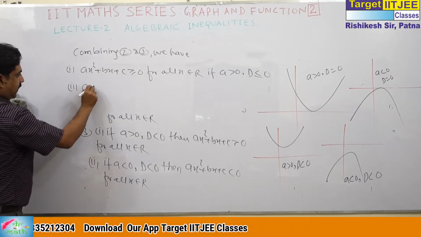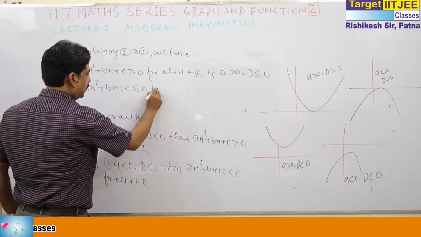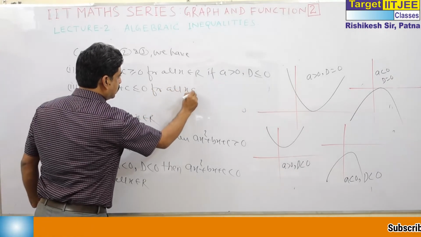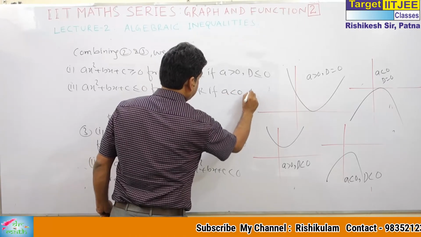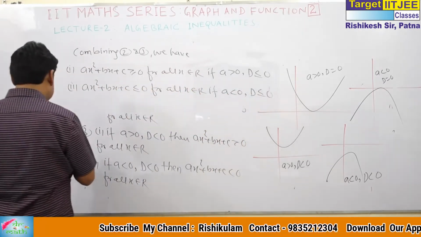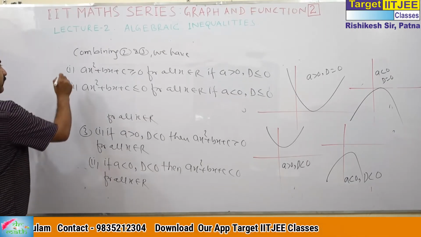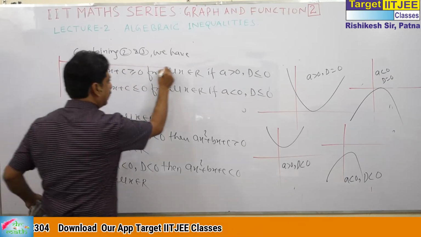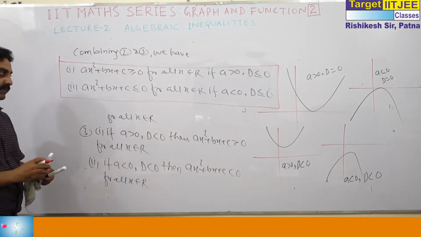And ax square plus bx plus c is less than or equal to 0 for all x belongs to R, if a is less than 0 and D is less than or equal to 0. This result is very, very important. If you know the sign scheme and this result, it will work.